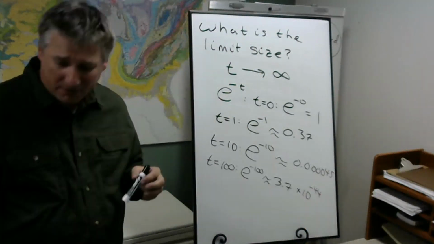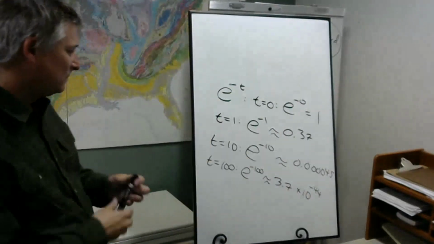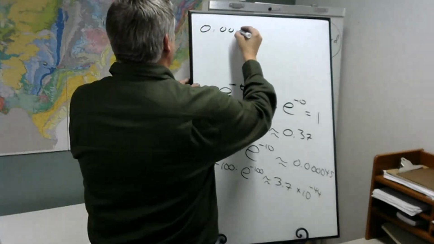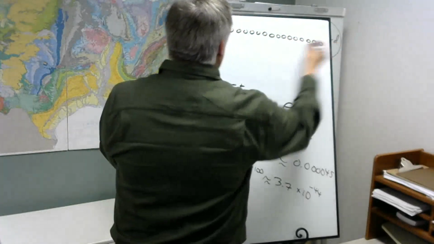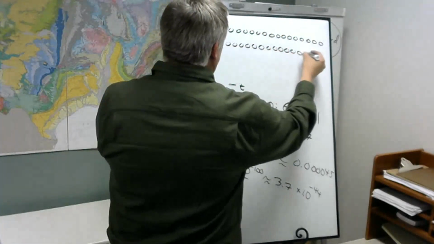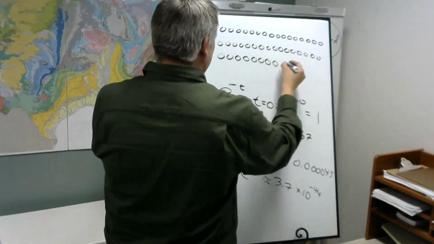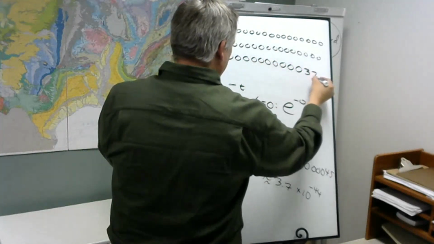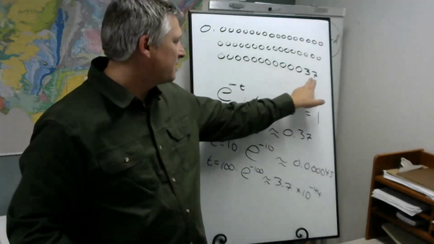To give an idea how small that is, I think that's 43 zeros and then that 37.